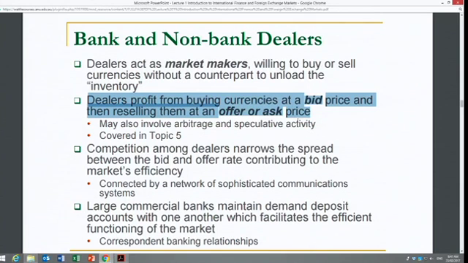But what happens is, in reality, any asset that is being bought and sold in financial markets, there are two different prices. There is a buying price, so it's a price in which the dealer would buy that asset from you, and there is also a selling price at the same time, and that would be the offer price or the ask price. So it's the price that they will sell it to you.